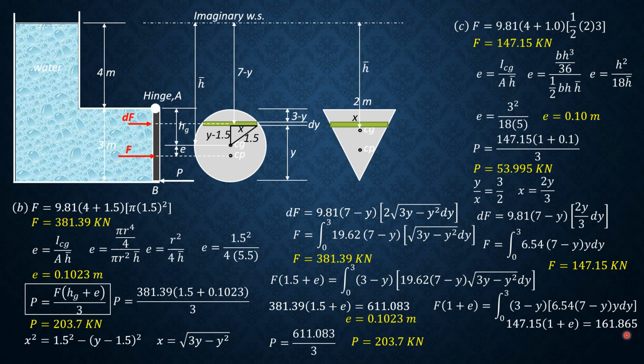So E is 161.865 divided by 147.15 minus 1, and will give us 0.1 meter as before, while P is equal to 161.865 divided by 3. So you just replace this by 161.865. So solving for P is 53.995 kilonewtons.